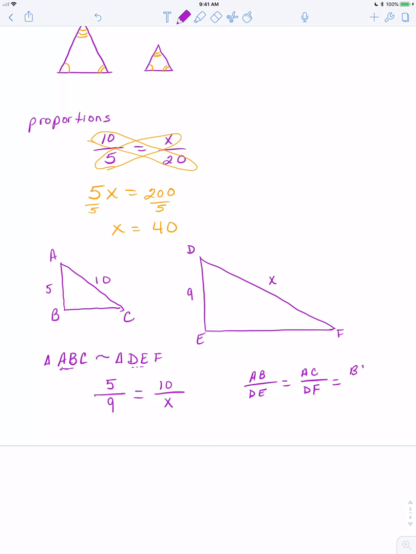BC would be proportionally the same to EF, and all those proportions should be the exact same. So you can cross multiply here to solve for this, and that gives us 5x is equal to 90. Divide both sides by 5, so x would be equal to 18, and that tells us that line segment DF is equal to 18.